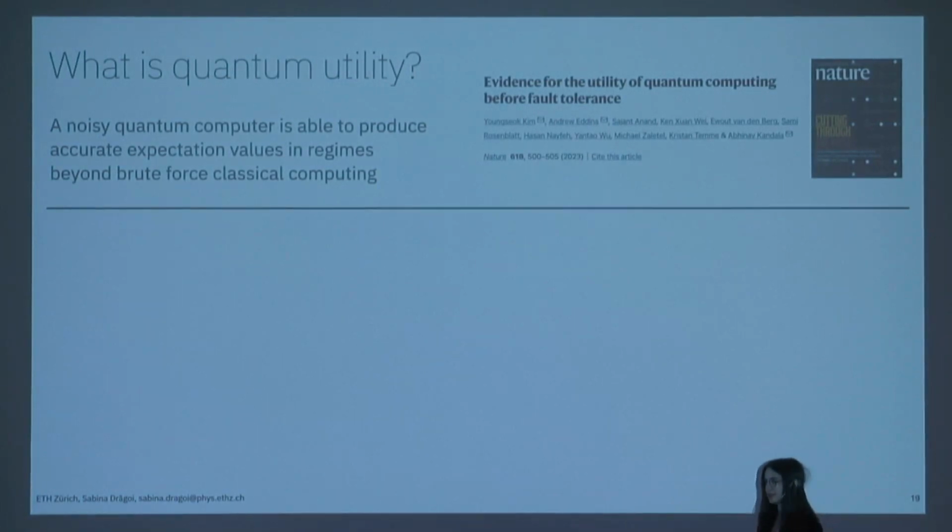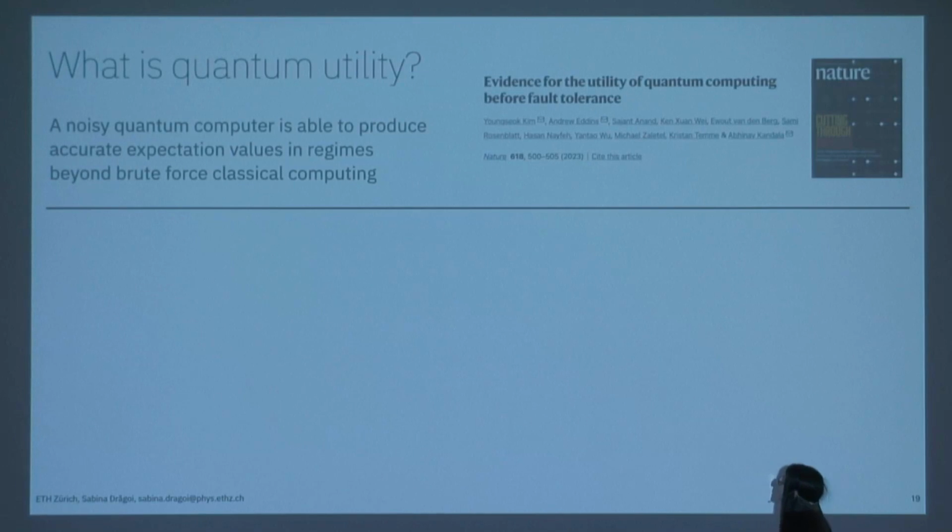And those really meant that quantum computers are better at certain tasks than classical computers. And quantum utility is something a bit more modest. It basically says that quantum computers can be useful in regimes where even classical computers have difficulties.